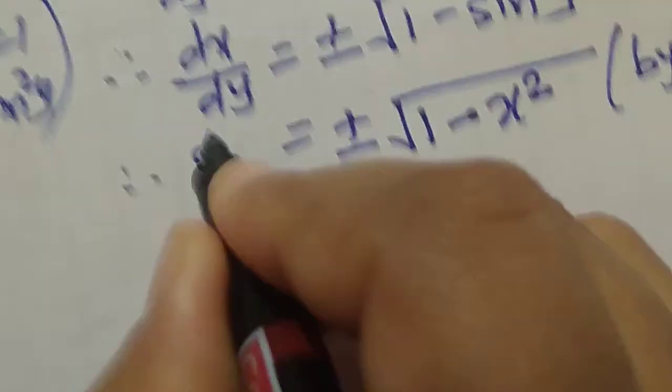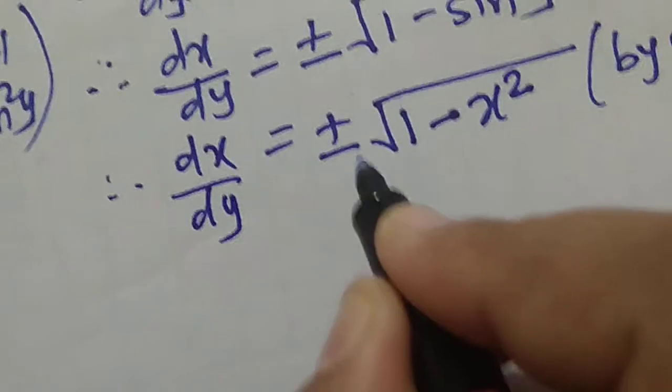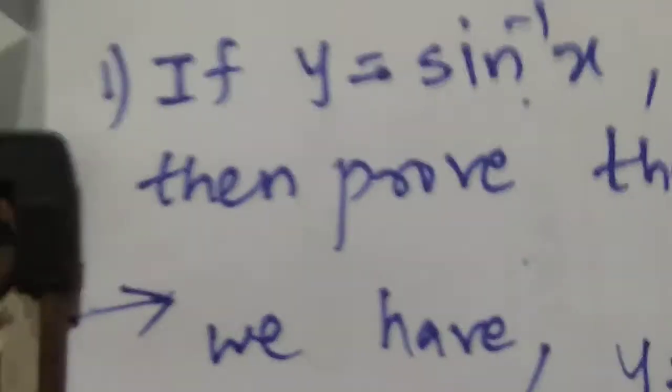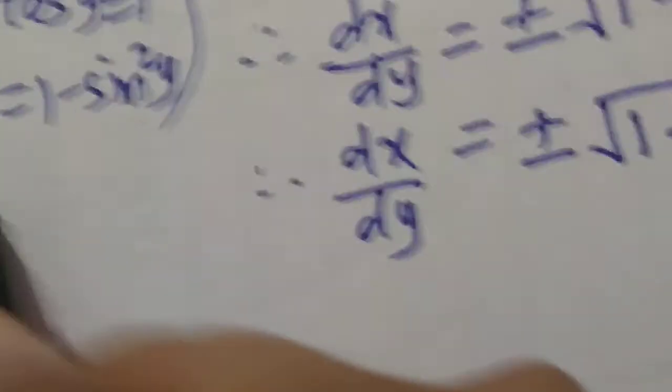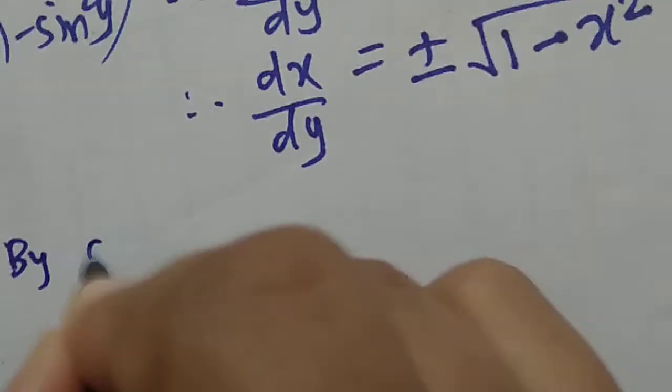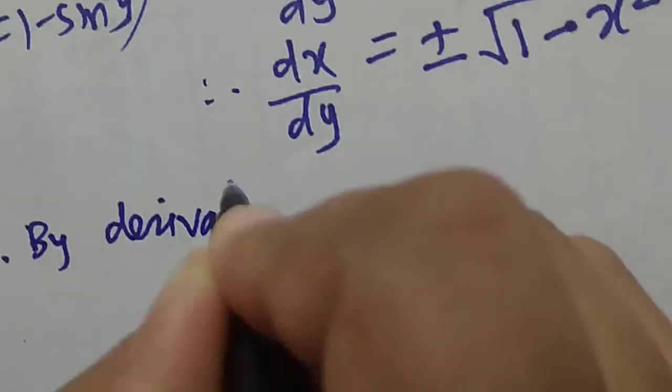Therefore we got dx upon dy is equal to plus minus root 1 minus x square. Now we have to find the derivative of y, therefore here we have to use the derivative of the inverse function.